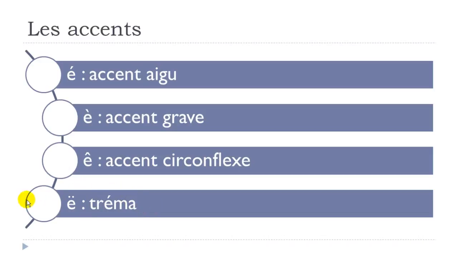So my advice would be try to remember the word, and they are really rare, so don't be afraid about that. So let's focus on the three main accents here. The first one, accent aigu, remember, é, accent grave, è, and the last one, accent circonflexe, ê.